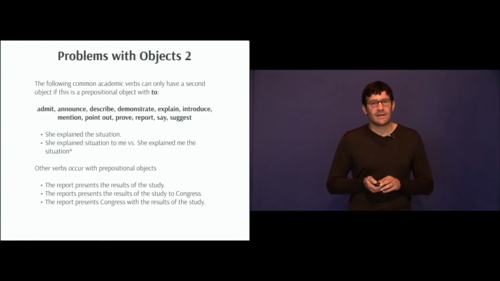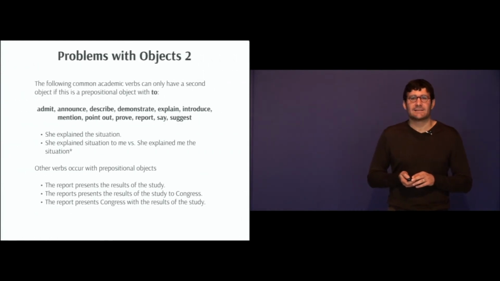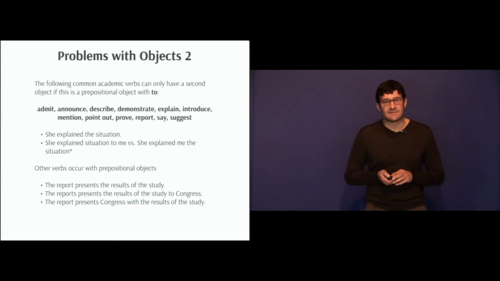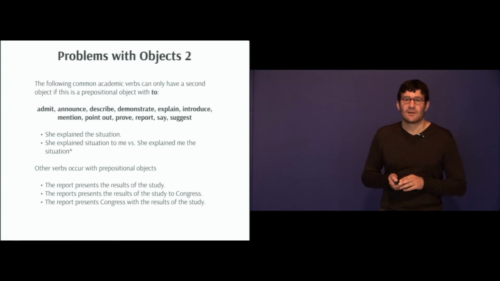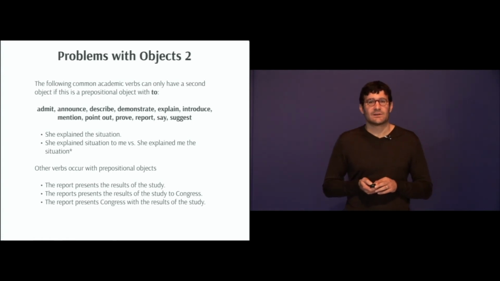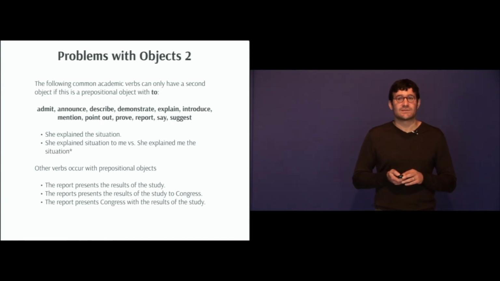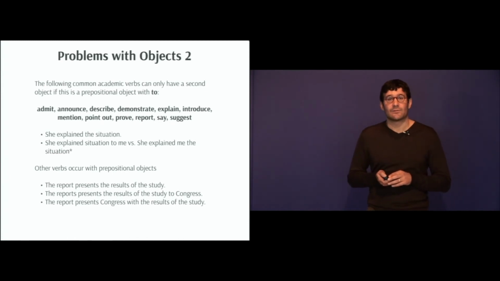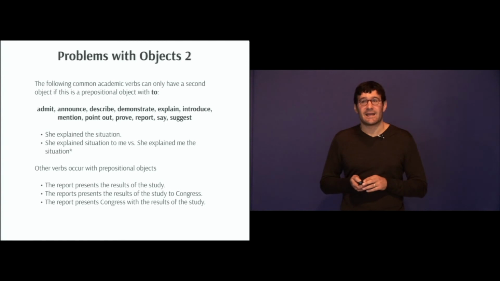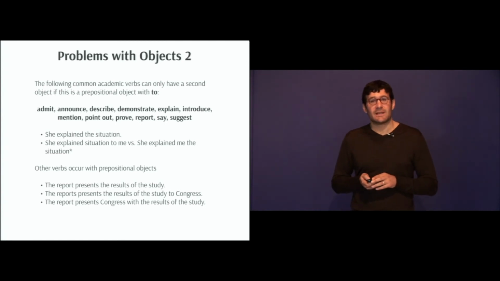Second problem with objects, the following common academic verbs can only have a second object if this is a prepositional object with to. So admit, announce, describe, demonstrate, explain, introduce, mention, point out, prove, report, say, and suggest. She explained the situation.